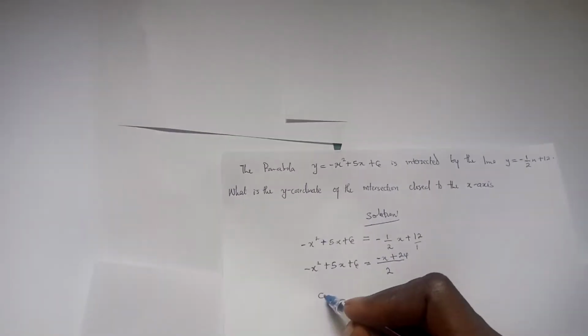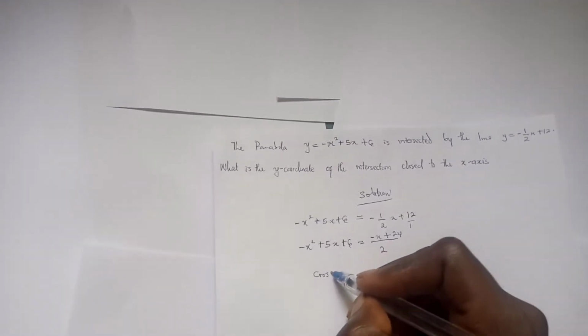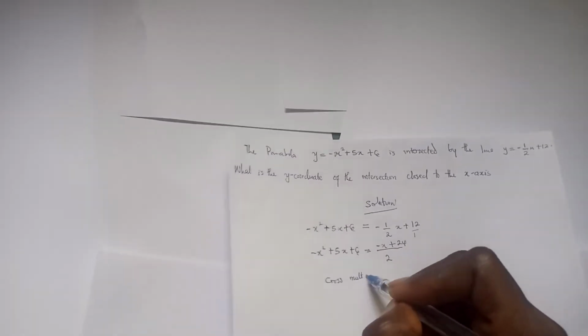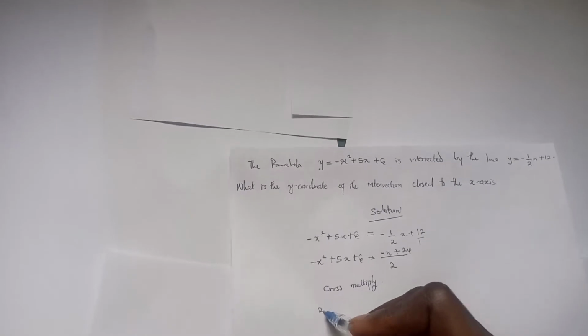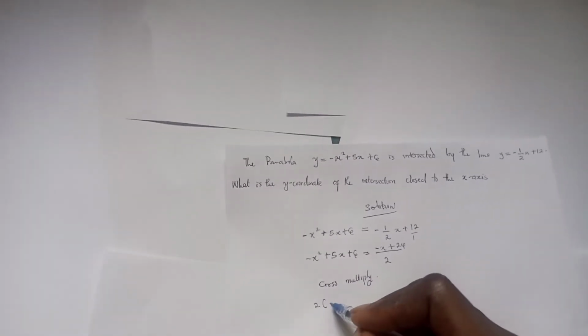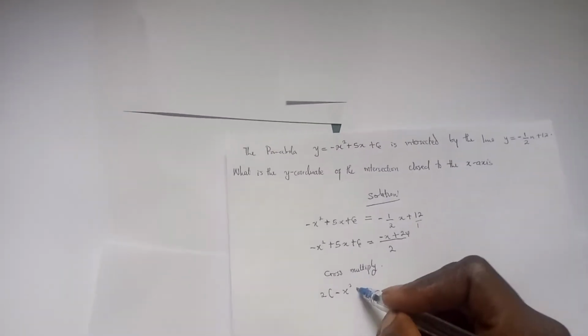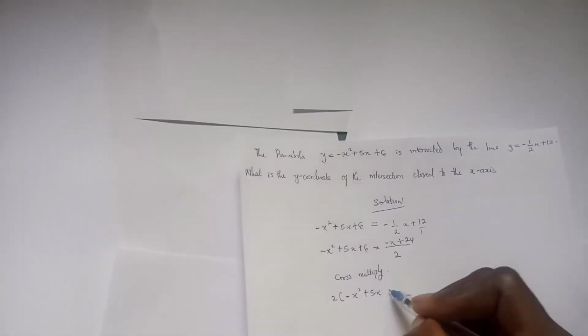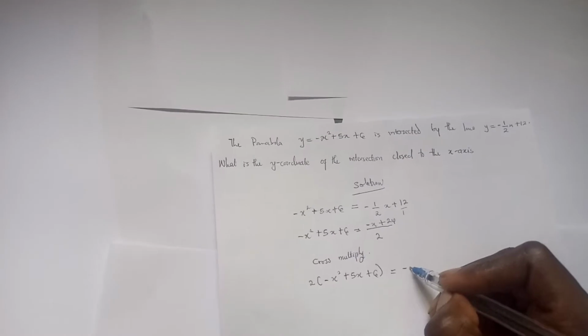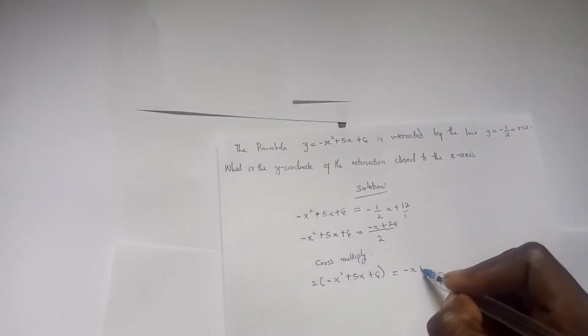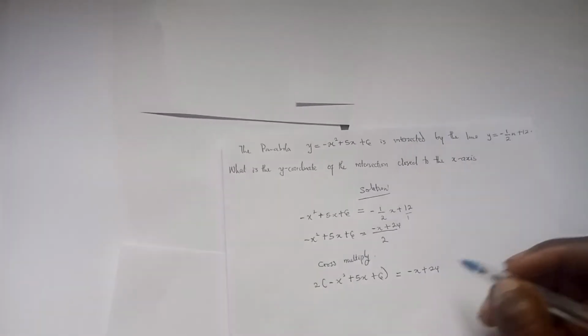So the next step is to cross multiply. You have 2 into brackets minus x squared plus 5x plus 6 is equal to minus x plus 24.